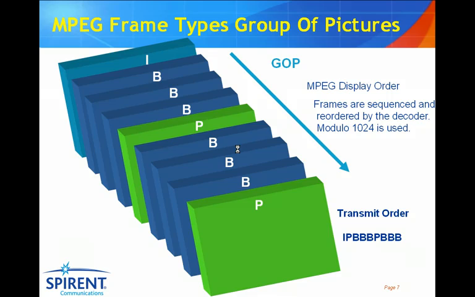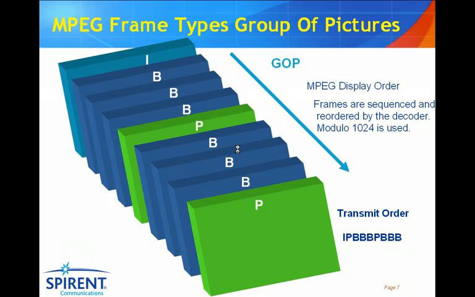A B frame, for example, will relate back to the original I frame and also look at the P frame to see how objects moved across what is known as a macro block, a 16 pixel by 16 pixel array. The B frames contain all the information on how to render the objects which moved across the macro block and their direction or vectors.